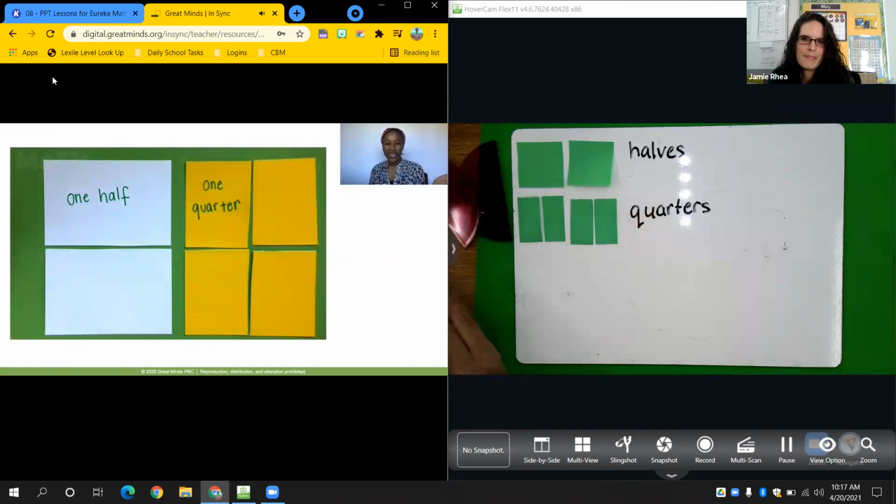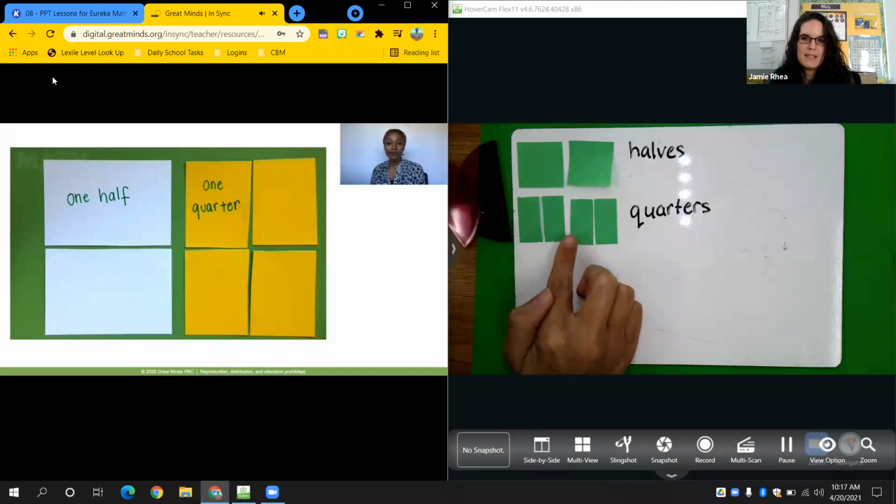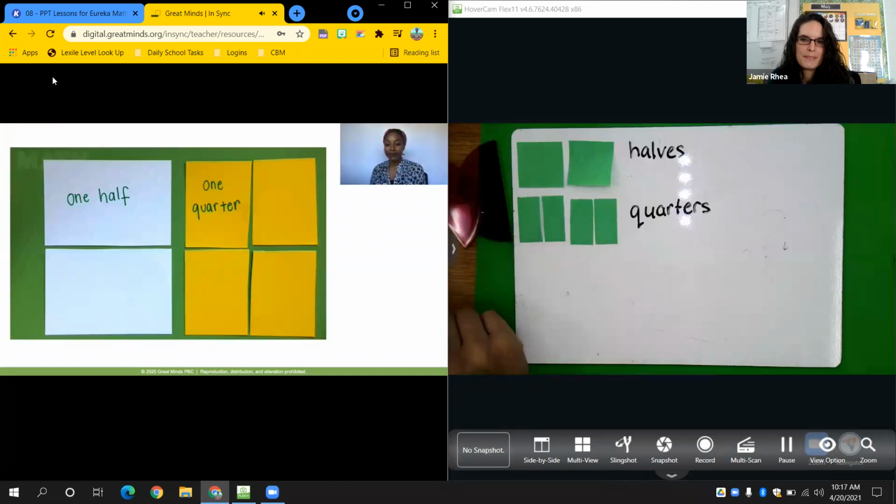Mathematician, why would that happen? Why would the pieces get smaller when we cut it into quarters? Because we're cutting more pieces. Well, let's think about this. If I had 1/2 and 1/2, and we wanted to make another cut to make them into quarters, I took 1/2 and I split it into quarters.